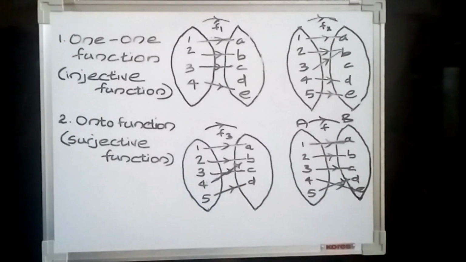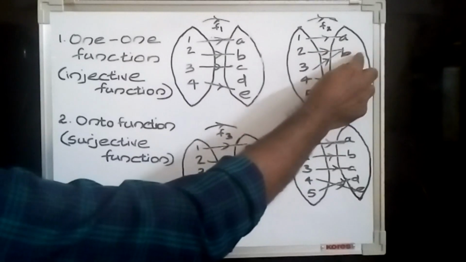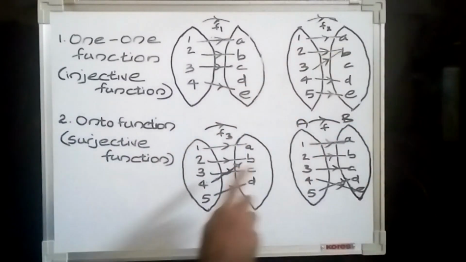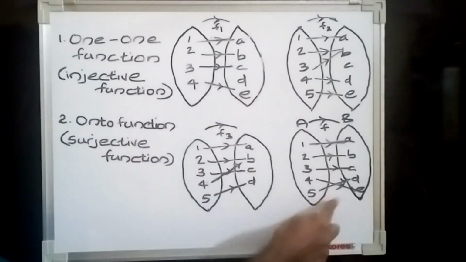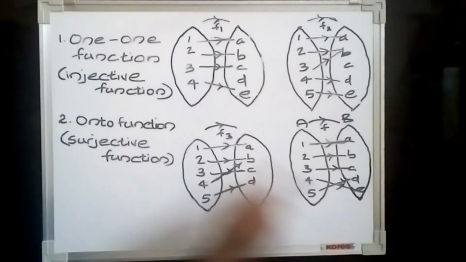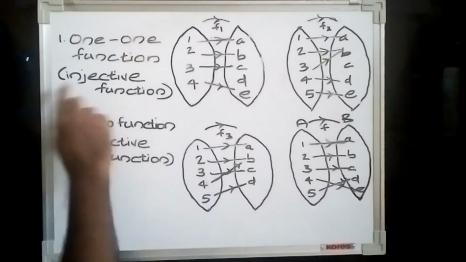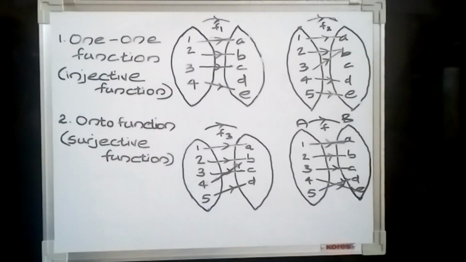If the function is not 1-1, it is called a many-one function. Here, f2 is a many-one function because b has two pre-images, and f3 is a many-one function, while f1 and f are 1-1 functions. A 1-1 function is also called an injective function.